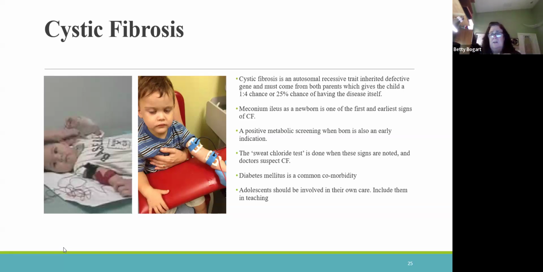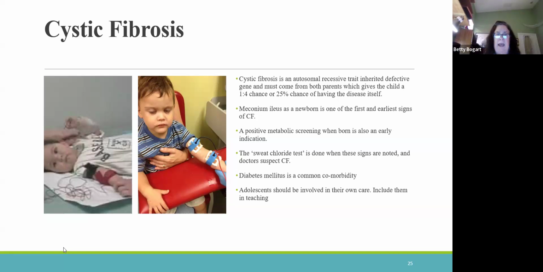It also has to do with mucus in the small intestines and the inability to absorb fat into the body. So let's go over this. It is very similar to sickle cell anemia, a 1 in 4 chance, 25% will have the disease when both parents have the trait.